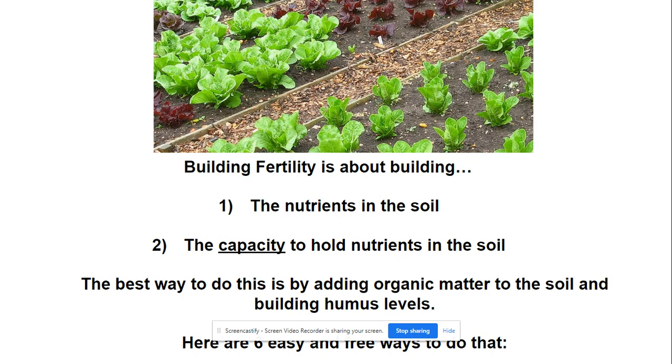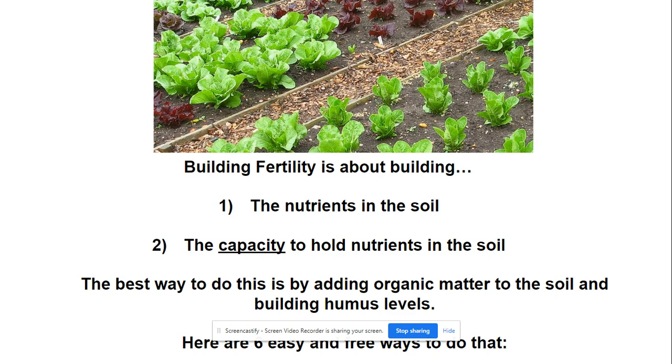And when we're talking about capacity, what actually holds those nutrients in the soil, we're really talking about organic matter and building our humus levels. What is humus? Humus is fully decomposed organic matter. What is organic matter? It's broken down living things, mostly plants, could be animals and microorganisms too, mainly carbon.